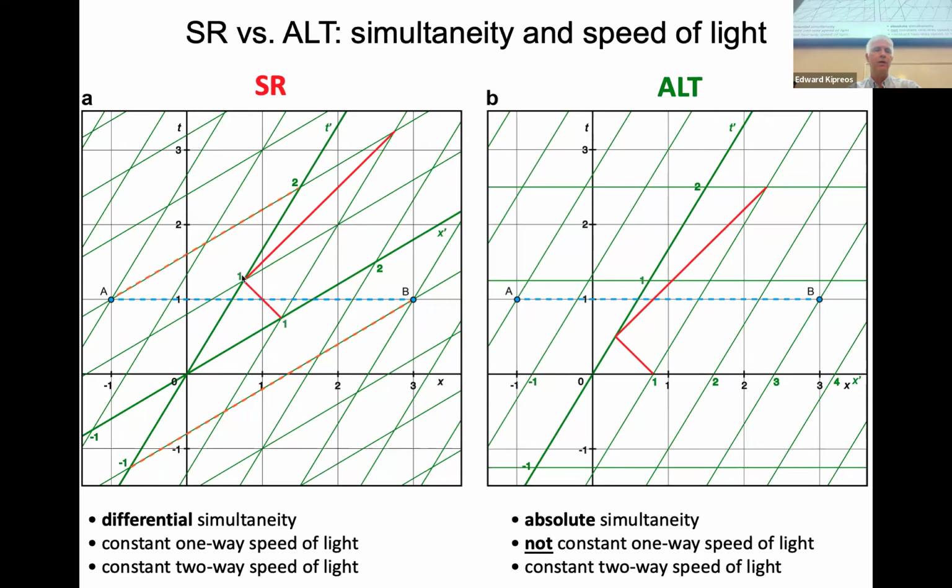And this one's going to take 1 second to go that back distance, and then it's going to take 1 second to go that front distance. Okay, so it's 1 second and 1 second. So of course, its speed of light is c.